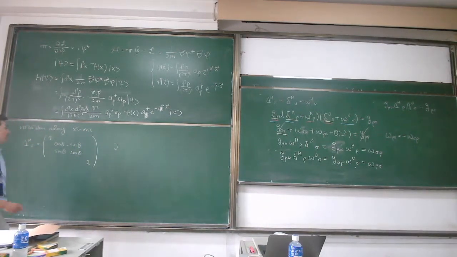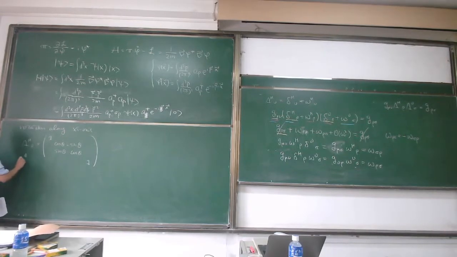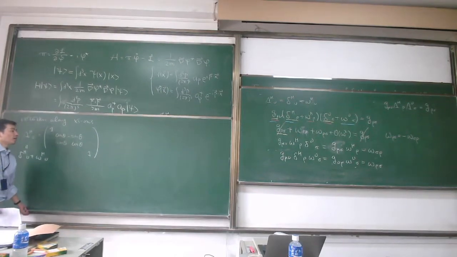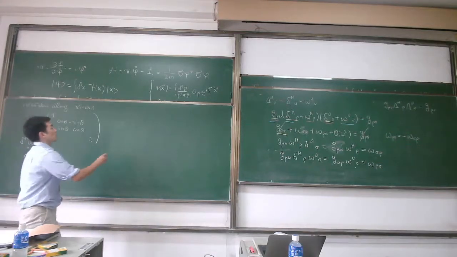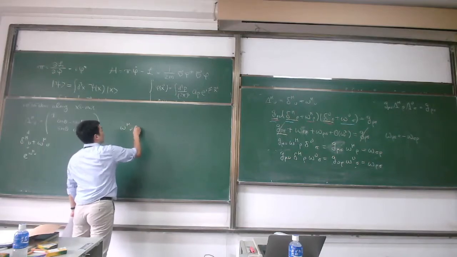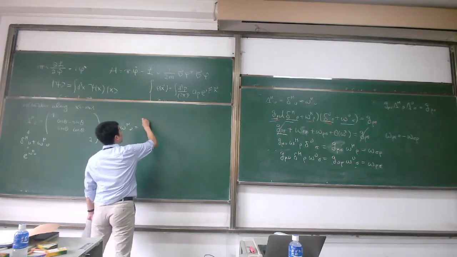So then, if you write down this one is equal to delta mu nu plus omega mu nu. Okay? Omega mu nu. Then we can just write down. So this can be understood as essentially e to the omega mu nu. Then I pick omega mu nu as the 0.